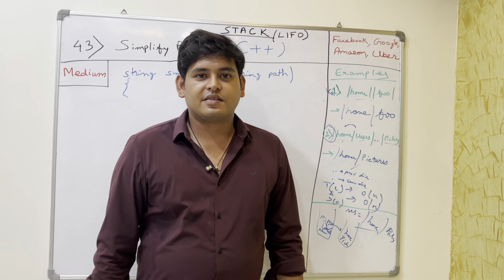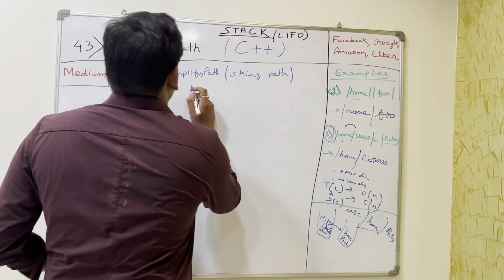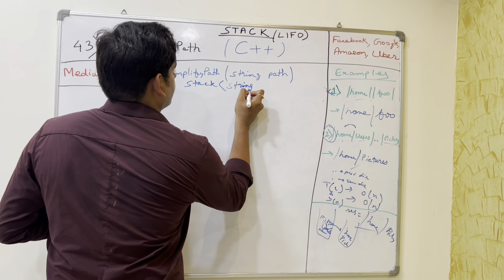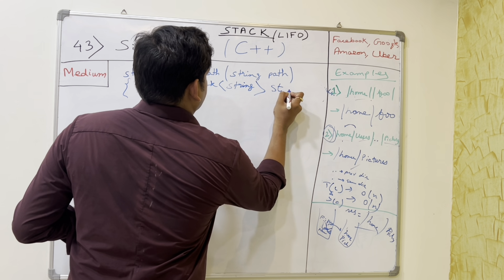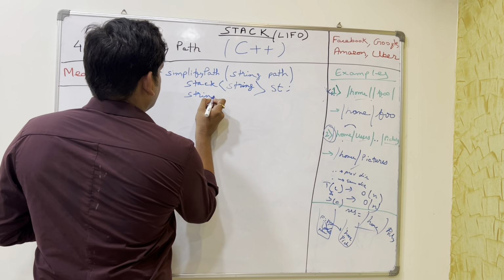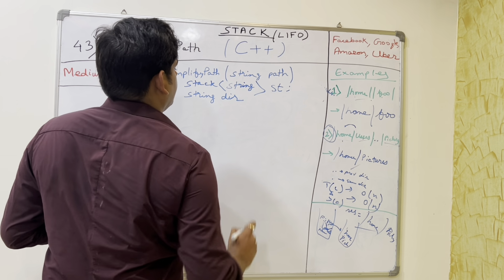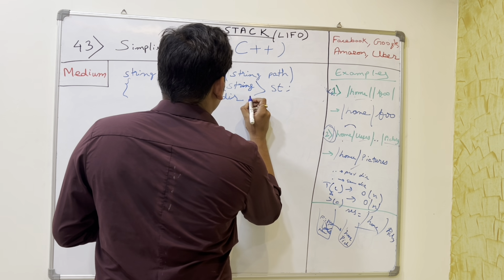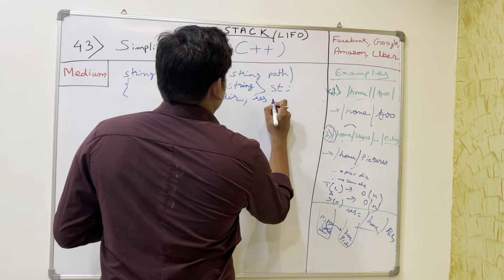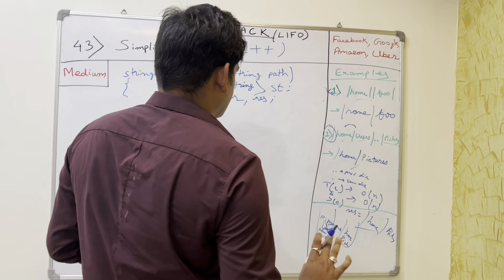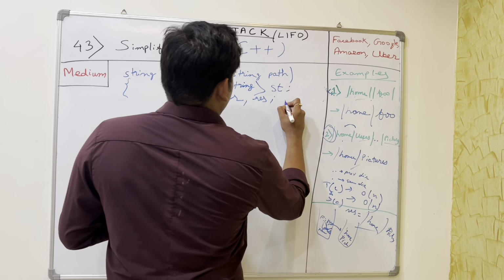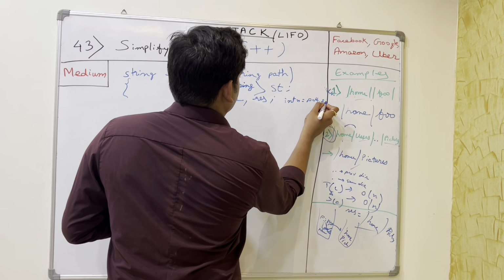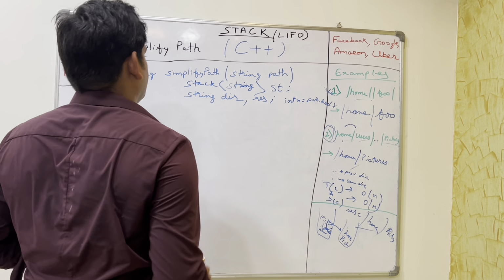Okay, so let's look at the pseudocode. We take a stack, st, and we take a string, say dir, directory, to get the directory every time we are traversing, and we will have a result string where we will return the answer, and say int n is our path, the size of the string that we have as an input.